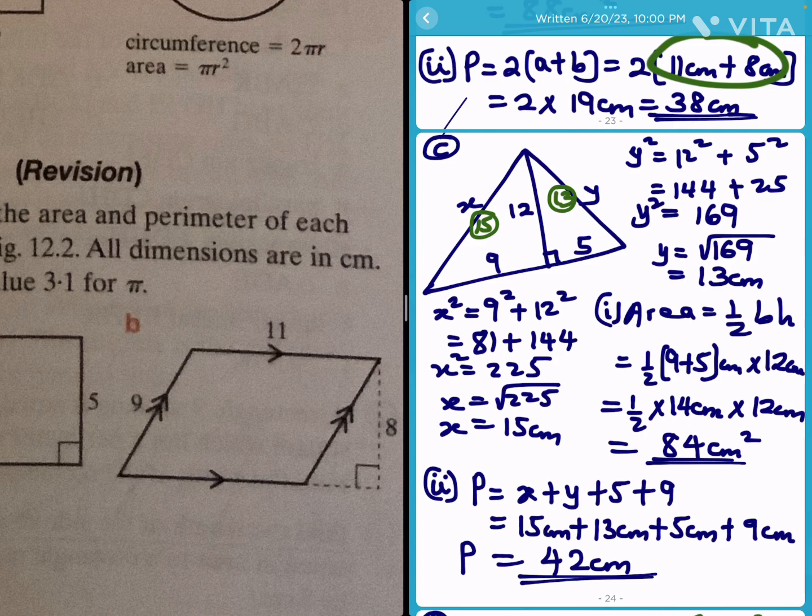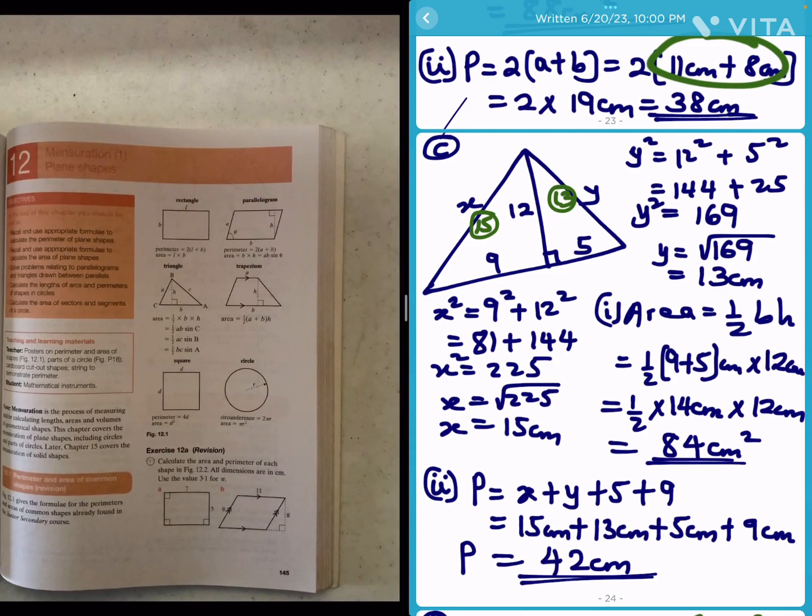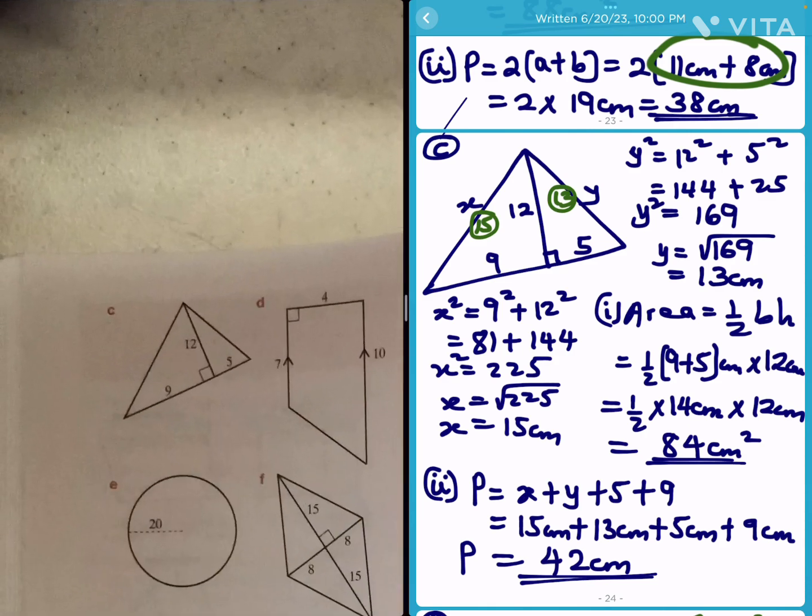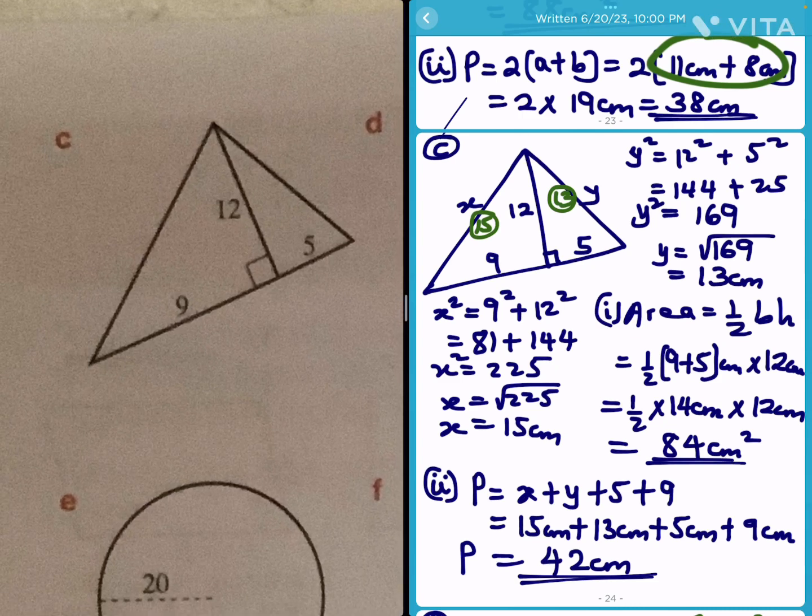In question C, the diagram drawn is a triangle, but none of the outer sides of the triangle is given.